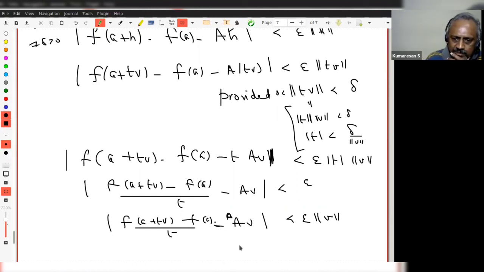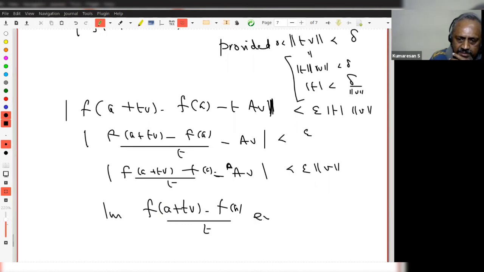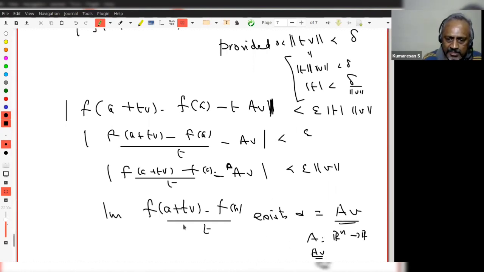Can somebody tell me? It shows that the limit of f of a plus tv minus f of a, by t, exists. And what is it? It is equal to A acting on v. Remember, A is a linear map from Rn to R, and v is a vector, therefore Av will be a real number. So not only do we know it exists, we also found out the limit.